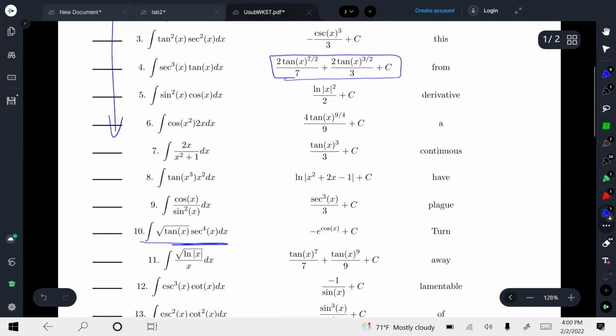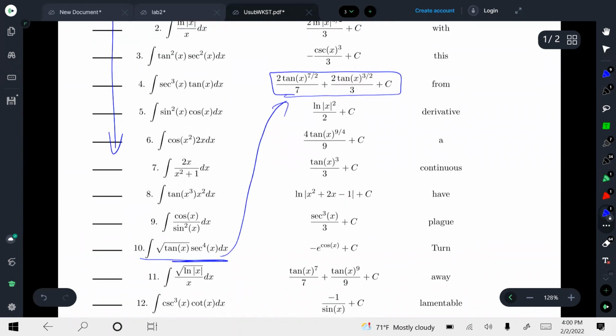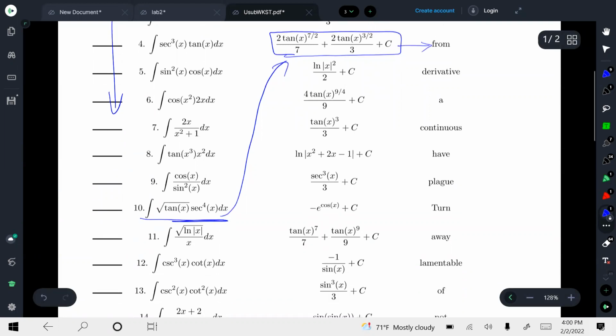So your solution is here for the 10th problem. What is the word associated with that, or next to that? It is "from". So I will write "from" here. Likewise, you're going to fill all this blank, and remember at the end you will get a message. You have to get that message.